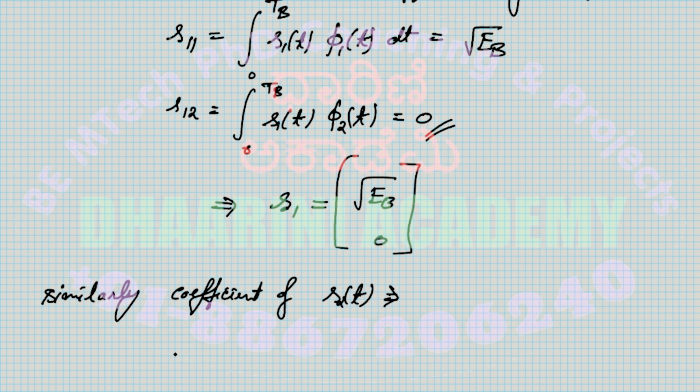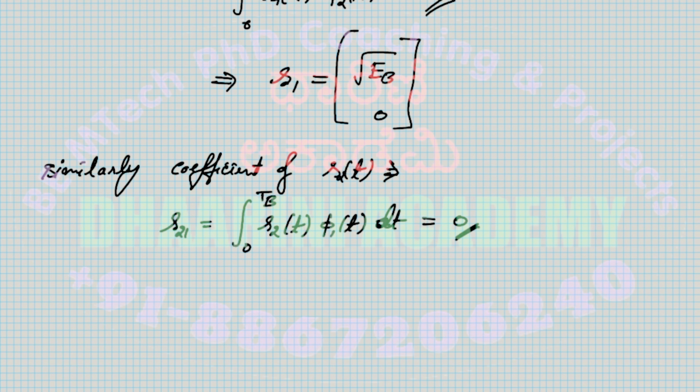First let's calculate S21. That is the integral 0 to Tb of S2 of t multiplied with phi 1 of t dt. That is equal to 0 because S2 is marked along phi 2 and I'm trying to multiply that with phi 1, which is orthogonal.